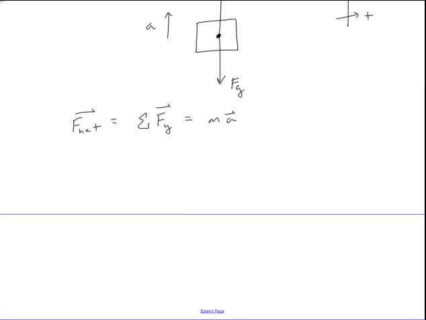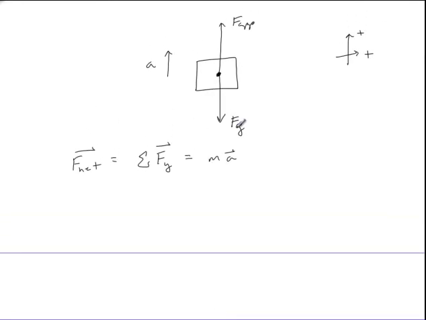ma, okay? Like I just said, a is going up, so a is going to be positive. So m times a, okay? Again, don't need the hat. a is positive. I'm taking into account the vectors with my directions, positive, negative. Now let's look at F net, okay, which is sum of the y forces. So I've got F applied, which is positive because it's going up, F app, and Fg, which is acting downwards, negative Fg.